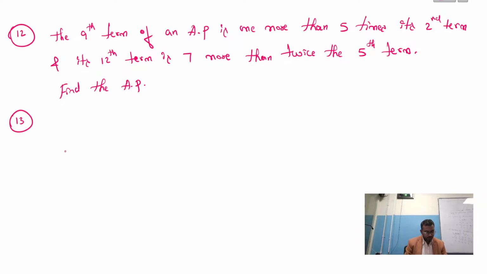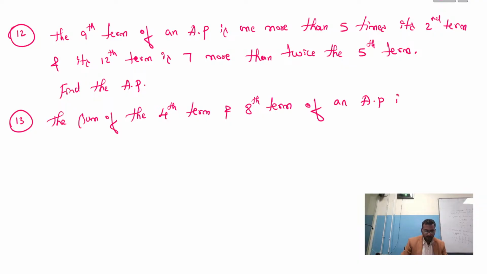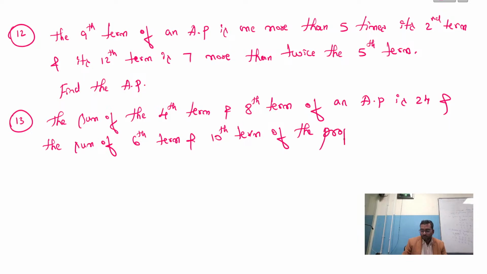Next question you can try. The sum of the fourth term and eighth term of an arithmetic progression is 24, and the sum of the sixth term and 10th term of the progression is 44.